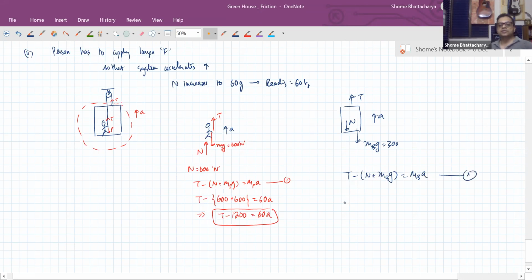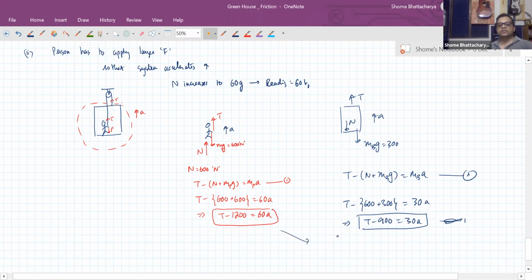That's our second equation. So this becomes T minus 600 plus 300 should be equal to 30E. So T minus 900 should be equal to 30E.